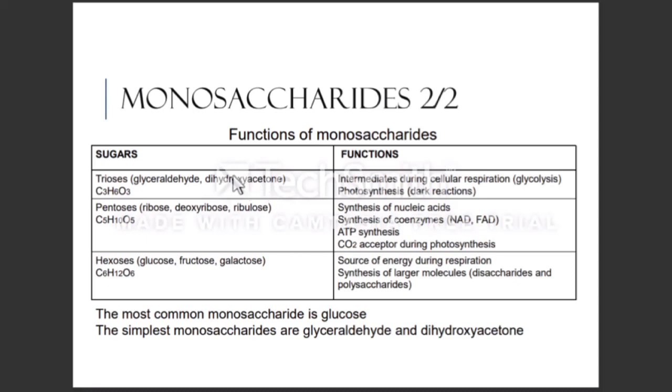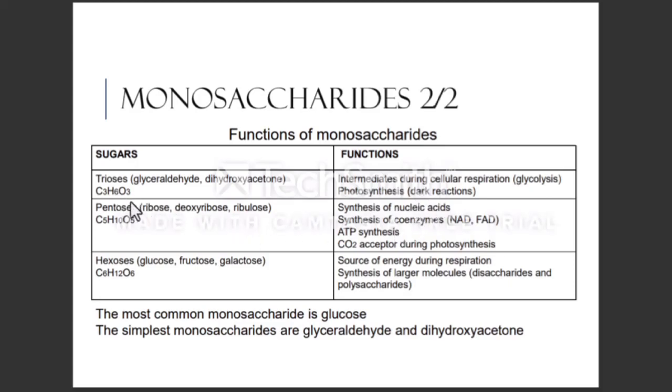That is a sugar with the very same number of carbon atoms, but now with the ketone functional group. So this is a ketose sugar. Okay, so these trioses, they mainly serve as intermediates during cellular respiration, glycolysis, and they also help in photosynthesis, that's in the dark reactions.